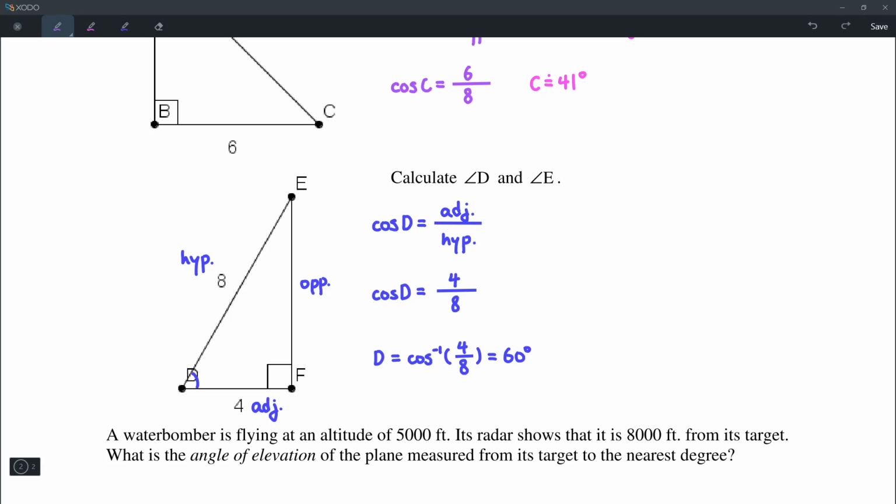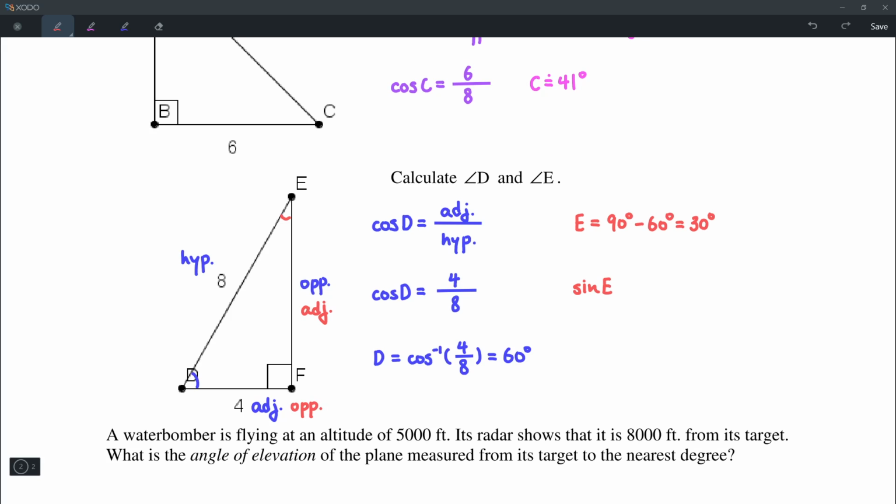So to find angle E, we can simply use the fact that angles D and E must add up to 90. Just go 90 degrees minus 60 degrees from angle D, which leaves us with 30 degrees for angle E. We can also use the sine ratio to find angle E as well. Note that from angle E, we have the adjacent side EF and the opposite side of 4.